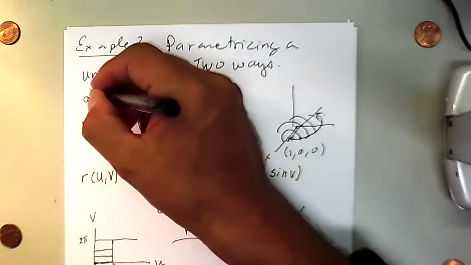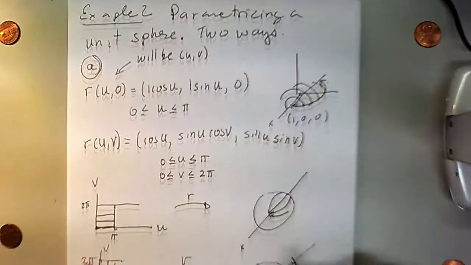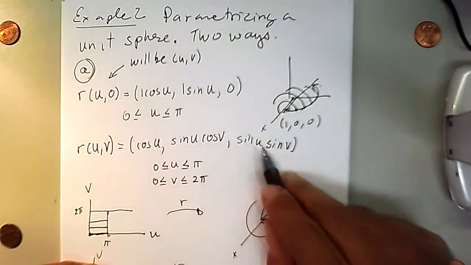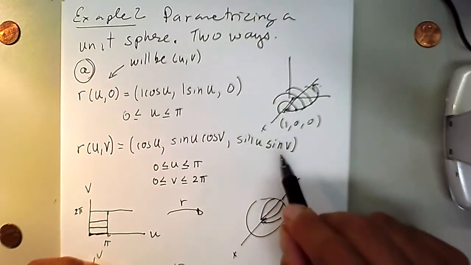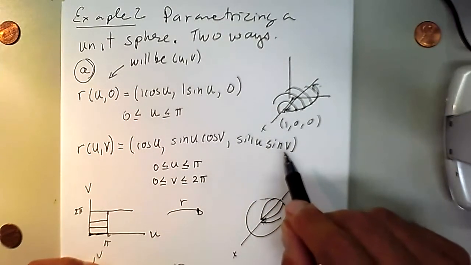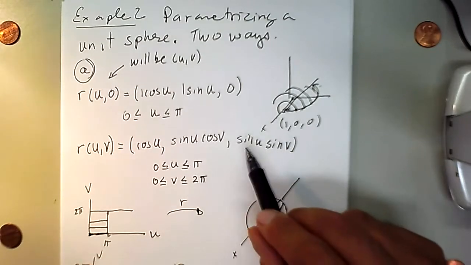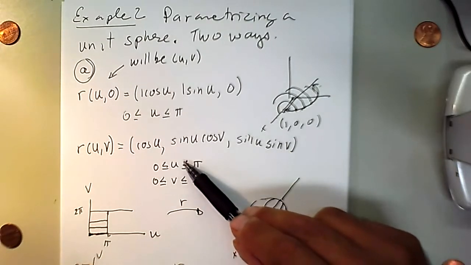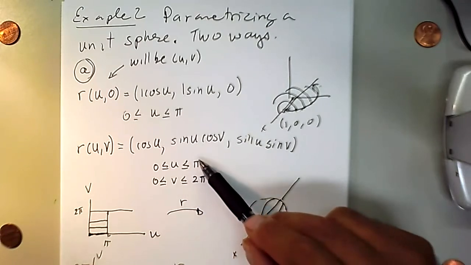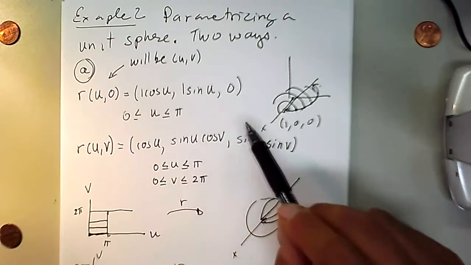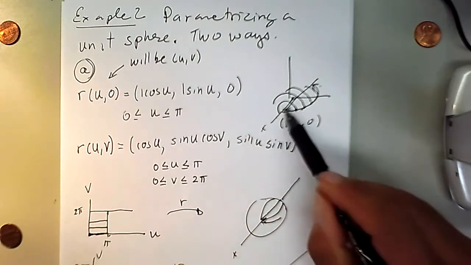This was 2A. And by the way, if you recognize this a little bit, this is the way they do spherical coordinates. You probably remember in spherical coordinates, they use phi and theta instead of u and v. And they don't use this semicircle.